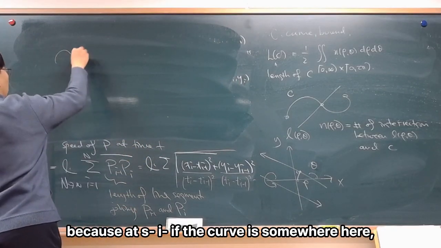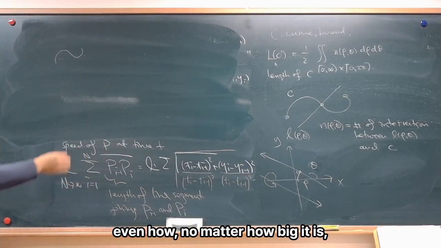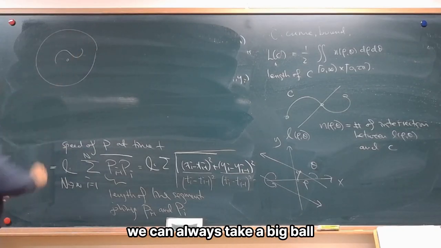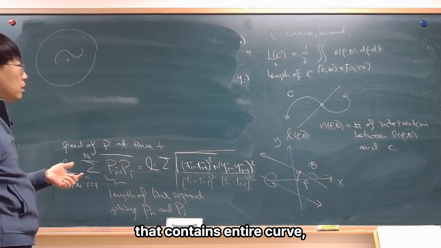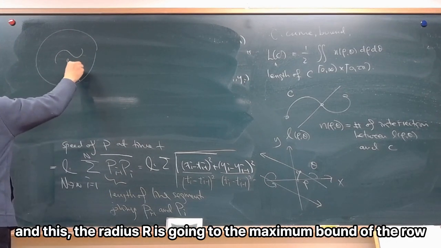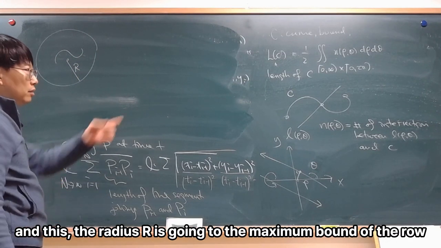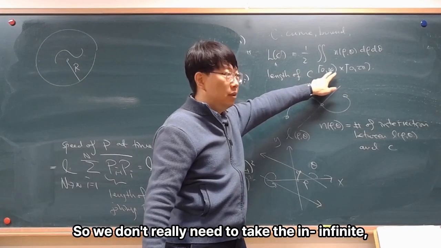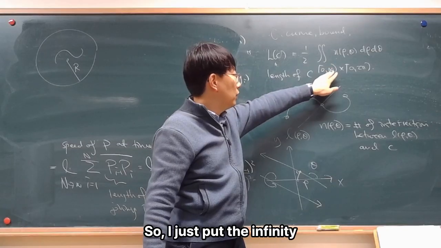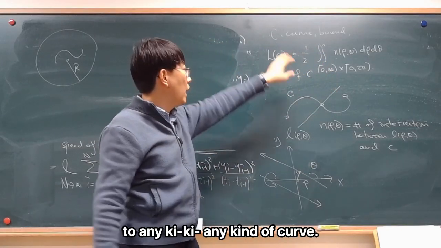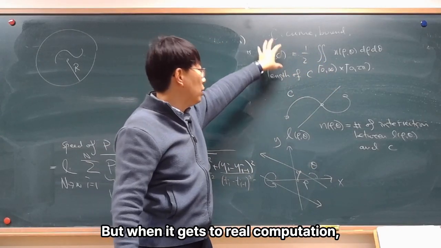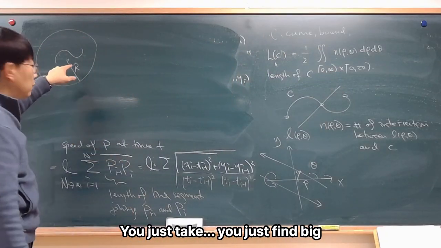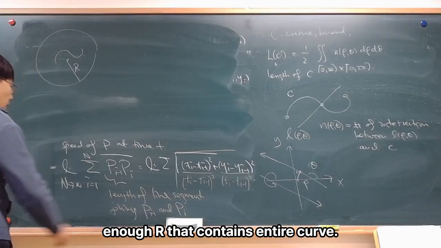If the curve is somewhere here, no matter how big it is, if you have an origin here, you can always take a big ball that contains the entire curve, and the radius r is going to be the maximum bound of rho in our integration. So we don't really need infinity as the bound. I just put infinity to make sure it applies to any kind of curve, but in real computation you just find a big enough r that contains the entire curve.